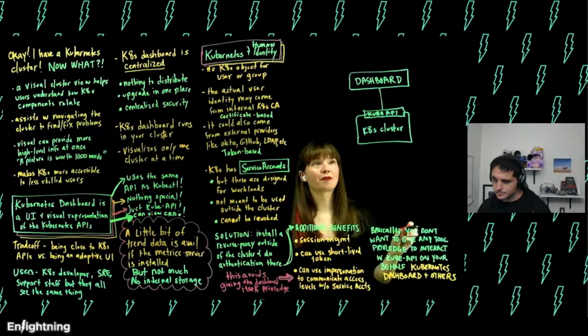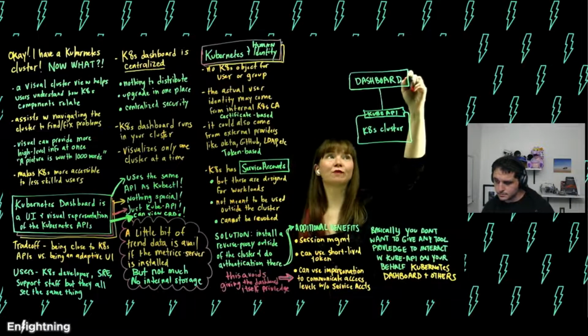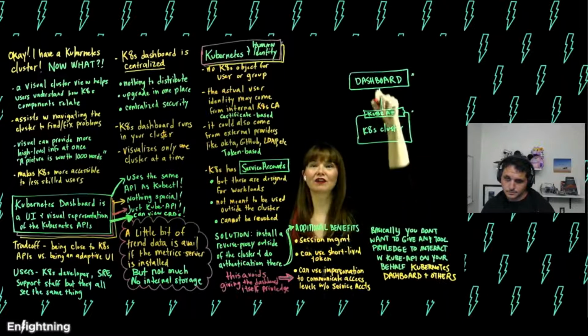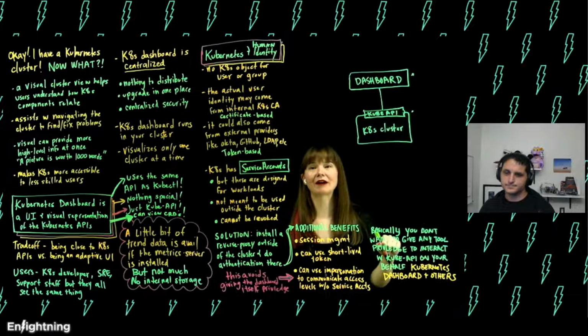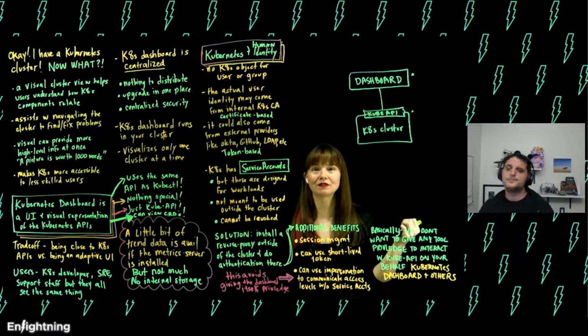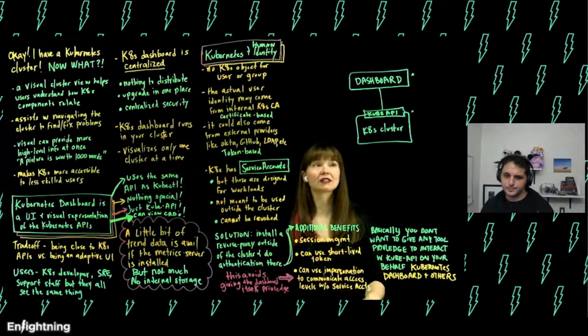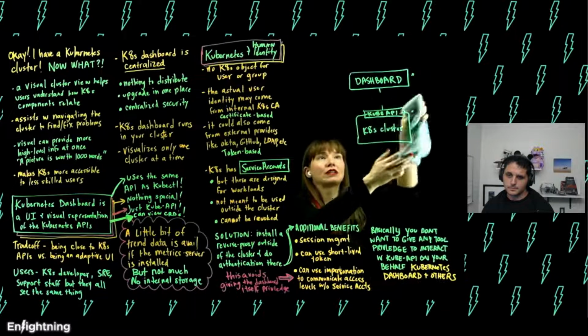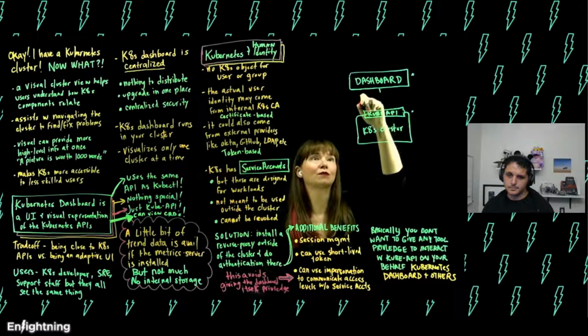And so now the problem is if you give the dashboard privilege to interact with the Kube API, that's dangerous. You're increasing the threat boundary of your cluster. There are more ways now for people to access it. And so the solution to that is to run a whole different machine in between the dashboard and the Kube API.